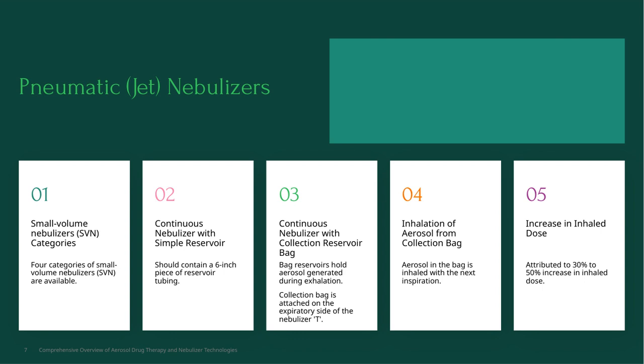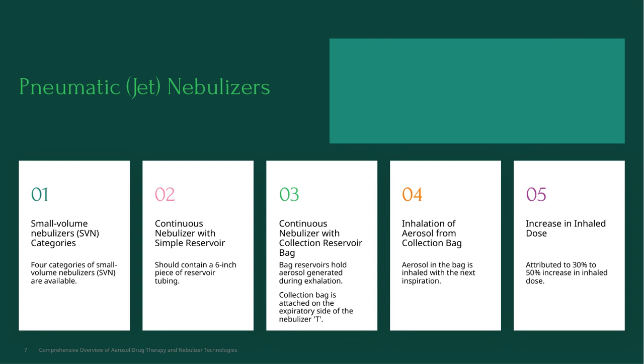Moving on, there's the continuous nebulizer with a collection reservoir bag. This is a key feature because the bag reservoir collects the aerosol that's generated during exhalation. The collection bag is attached on the expiratory side of the nebulizer, typically on a T-shaped connector. Now, when a patient inhales from this collection bag, they are actually inhaling the aerosol that was gathered during their exhalation.